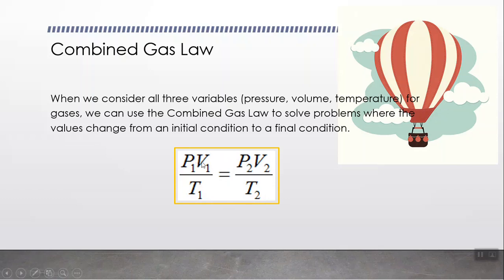P stands for pressure, V stands for volume, T stands for temperature, the 1 stands for initial, and 2 stands for final. As we go throughout this discussion, keep in mind the units for these variables. Pressure, you can see as ATM, atmospheres, kPa, kilopascals, mmHg, millimeters of mercury, or torr.